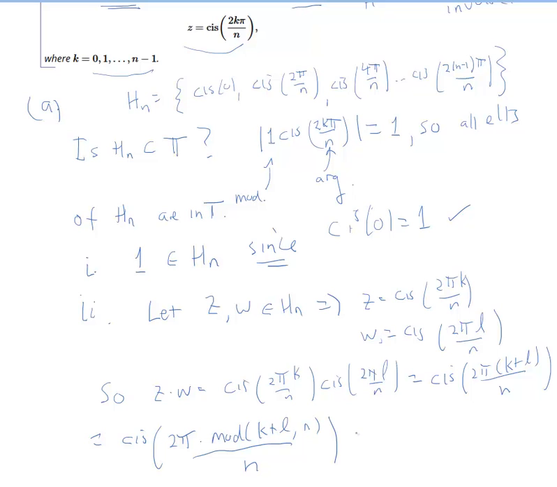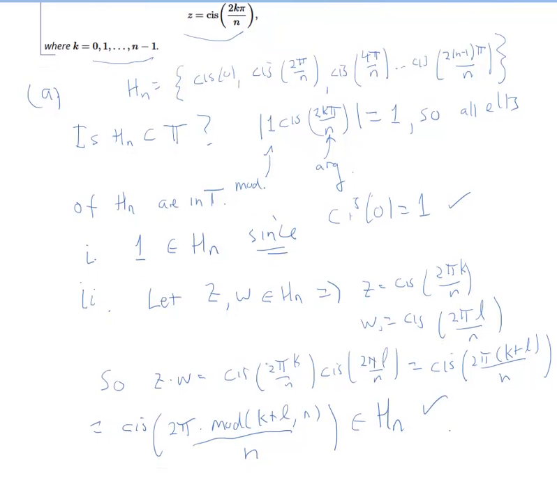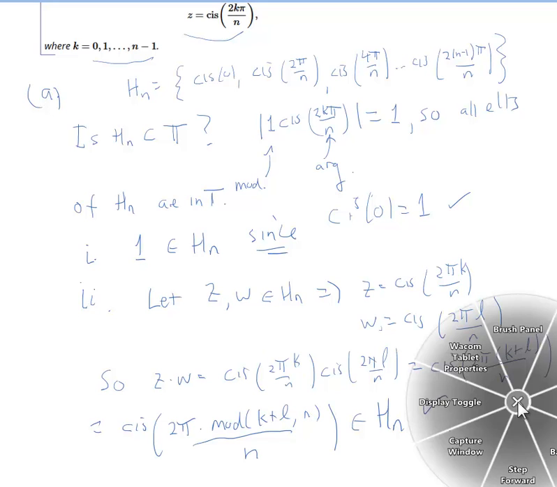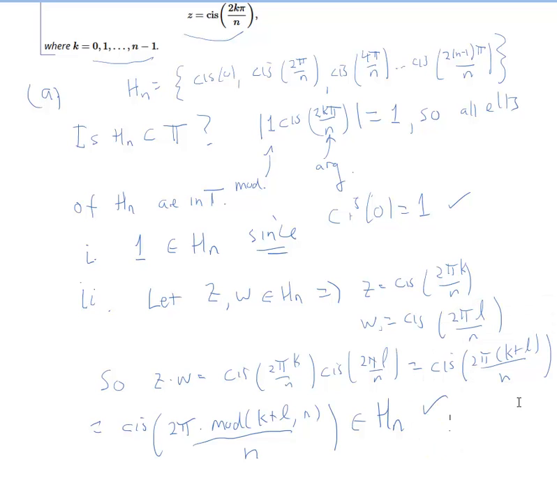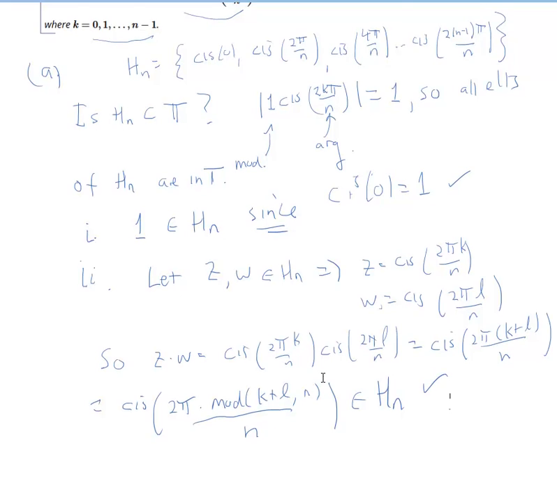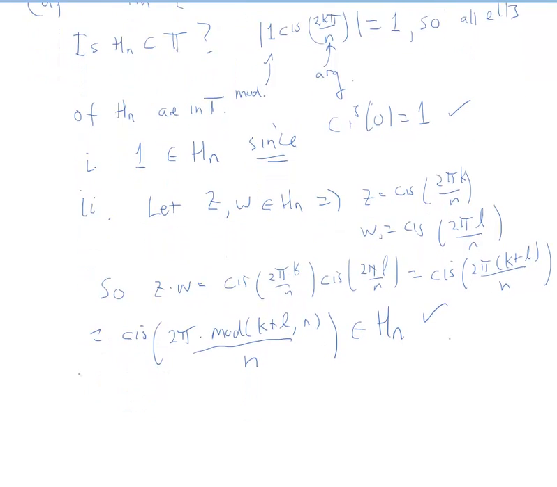So that is in Hn, because k plus L mod n is in 0 to n minus 1. All right, so that shows it is closed under the group operation. Okay, last one, closed under inverse.